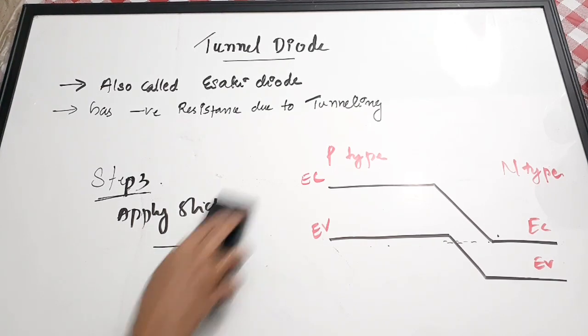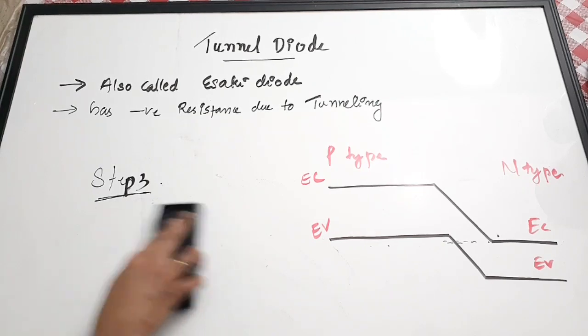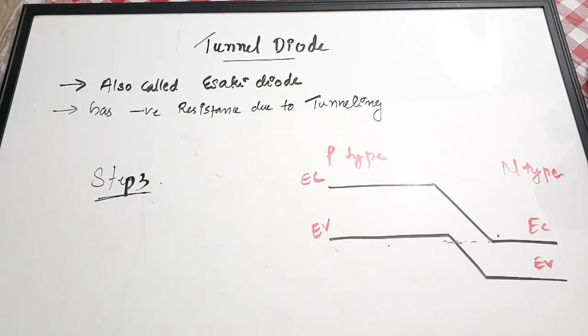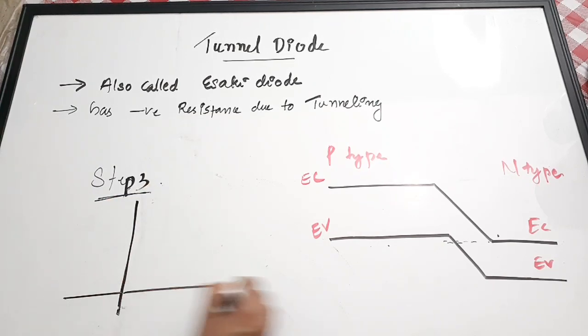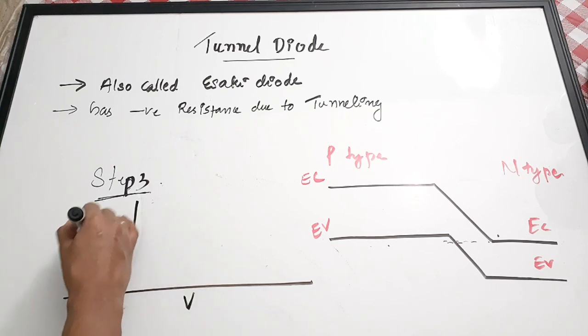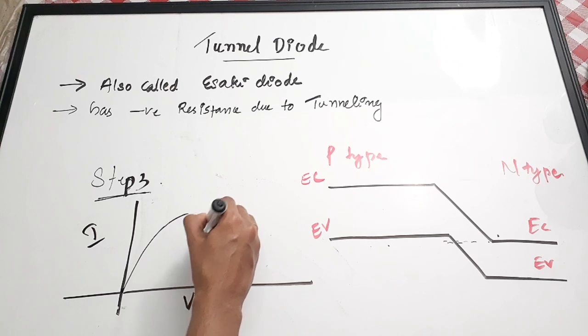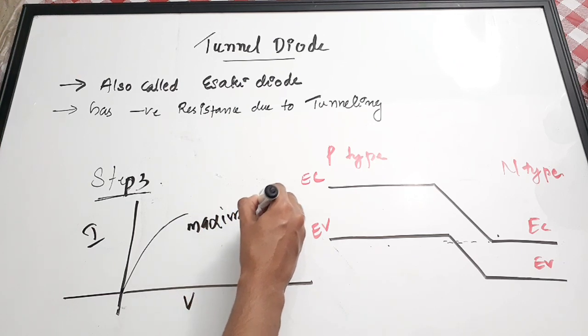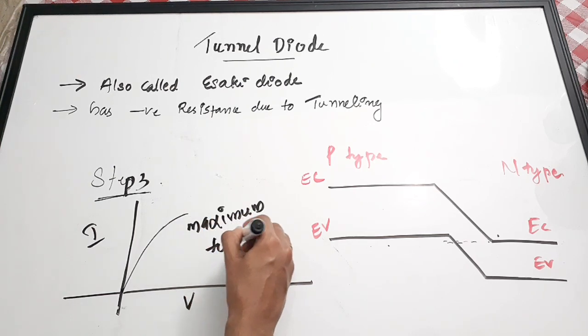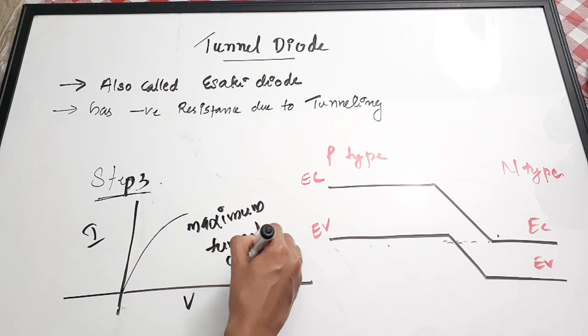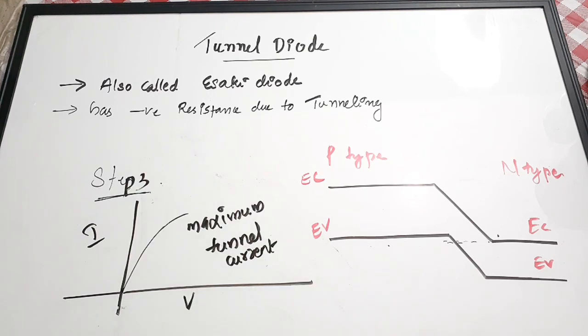Just know that here we have applied a slightly higher voltage. It will be voltage and current, and the curve will look like this. The current is maximum, so maximum tunnel current is generated due to the increased voltage. Now this is happening in step 3.